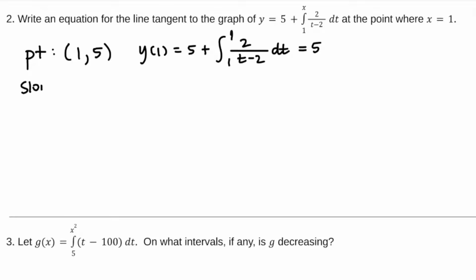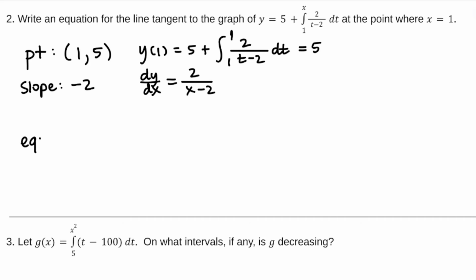The slope, I'm going to need the derivative. So I'm going to take dy dx, and that's just going to be plugging in x for t. So that's going to be 2 over x minus 2. Okay, at x equals 1, that's 2 over 1 minus 2. That's going to be negative 2.